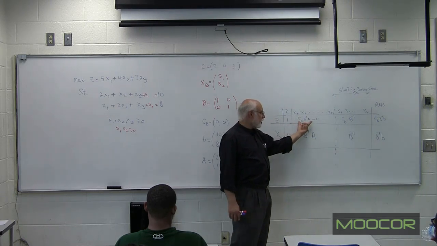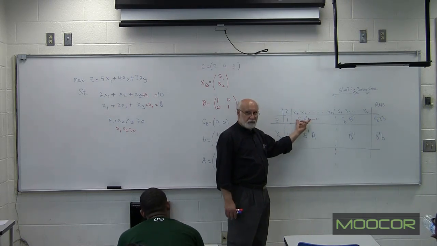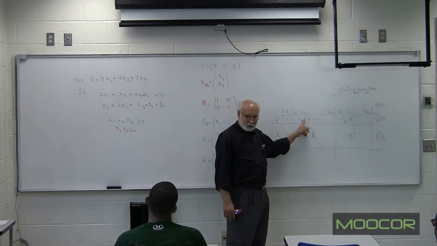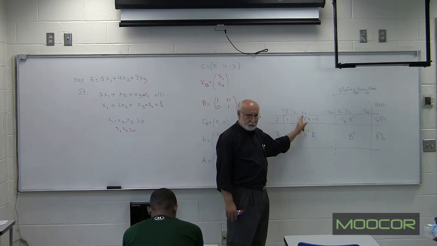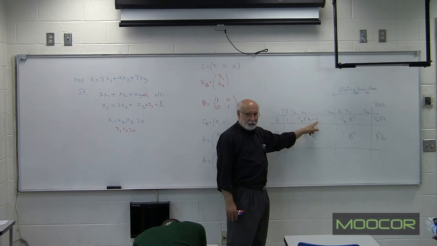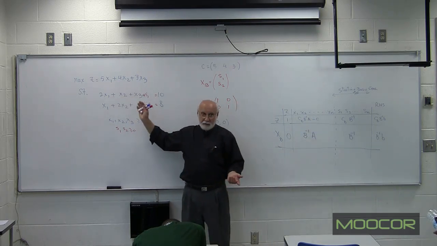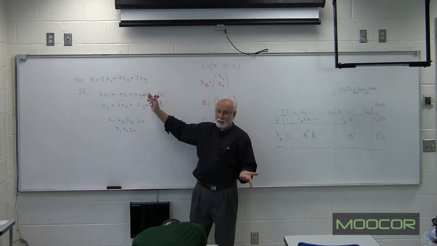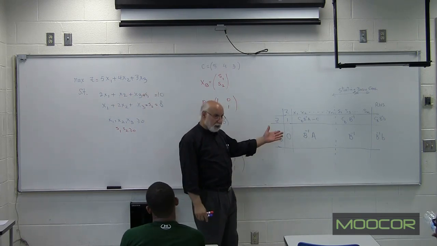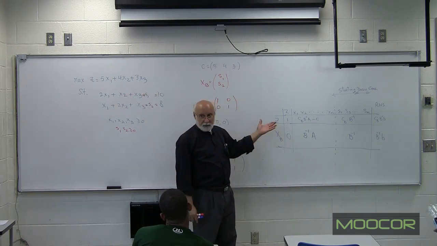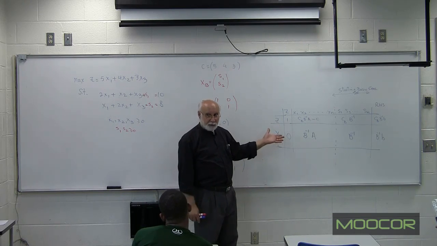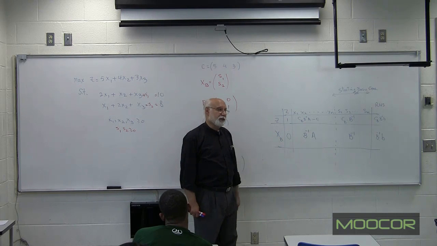What is CB B inverse A? 0. CB is 0. Minus C. Minus 5, minus 4, minus 3. That should be a very familiar tableau to you. That's the initial tableau of simplex method.